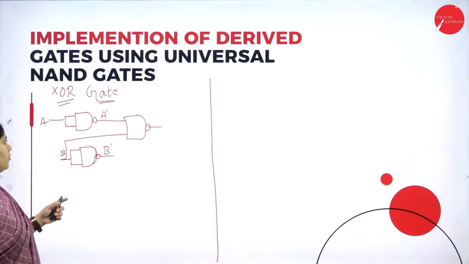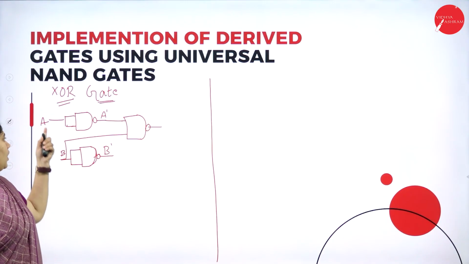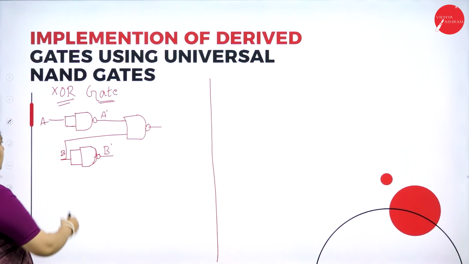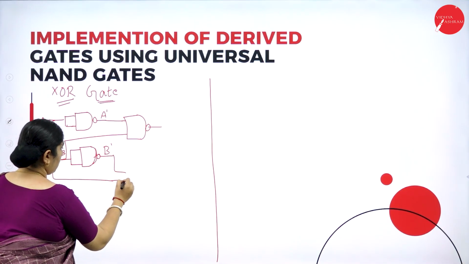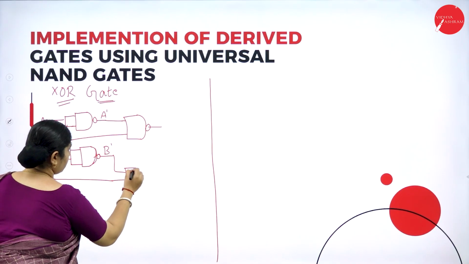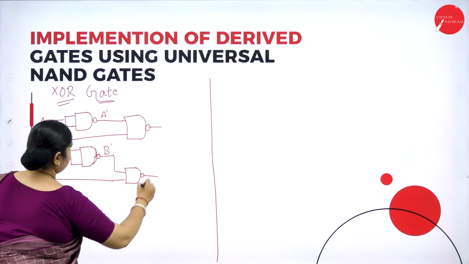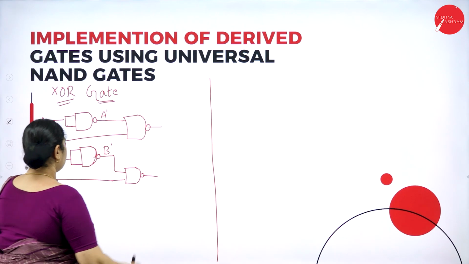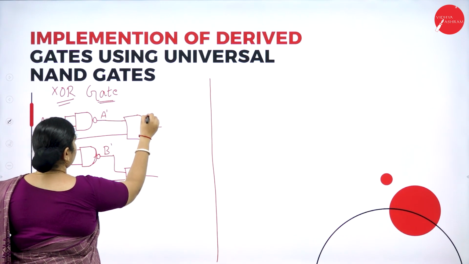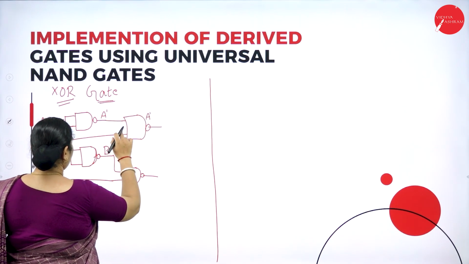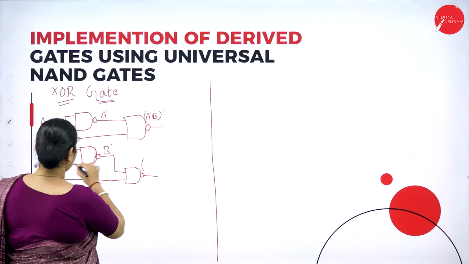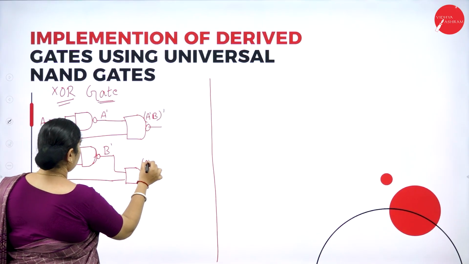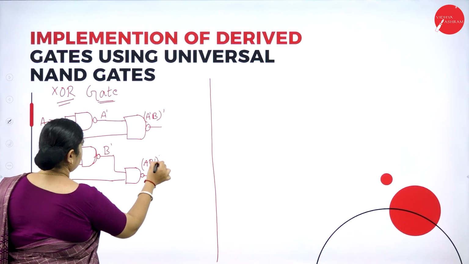Similarly, we have to add A with B bar. So now here the output will be (A dash B) whole dash. Similarly, here we have (A B dash) whole dash.